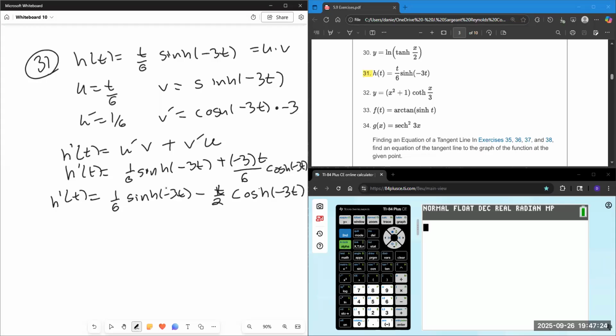I'm writing t over 2 because they wrote t over 6 there. That's it for how the book wants you to answer, because they want you to leave this argument the same as what it started off with. So don't use the even or odd identities that we talked about. Just leave it like that.